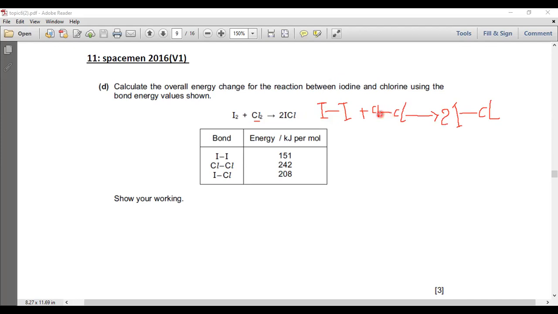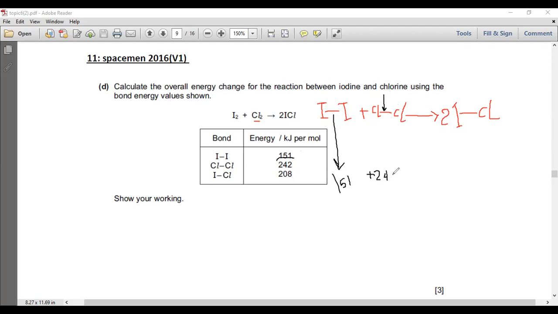You have one bond. What is the value of I bond I? 151. Plus Cl bond Cl, only one, so it's 242.